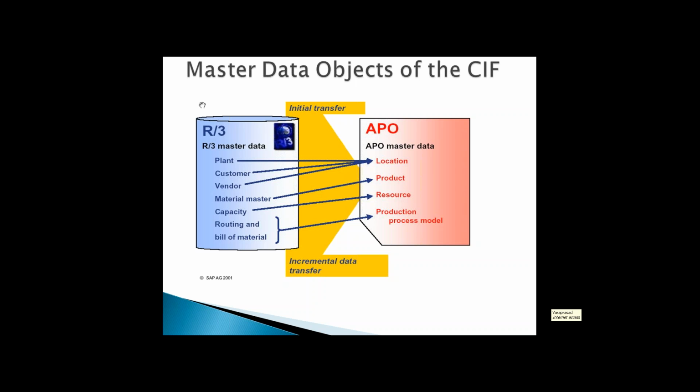But for new implementations, SAP is suggesting PDS, production data structure, because PPM has some limitations. Certain functionalities in ECC are not supported by PPM. That's why SAP is suggesting to go with PDS only.